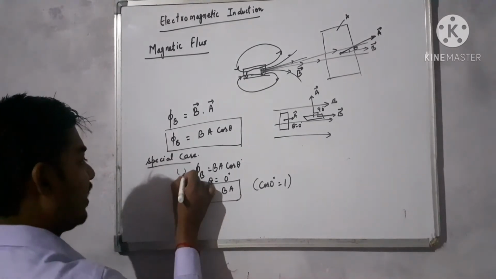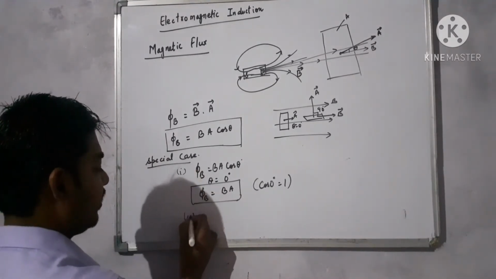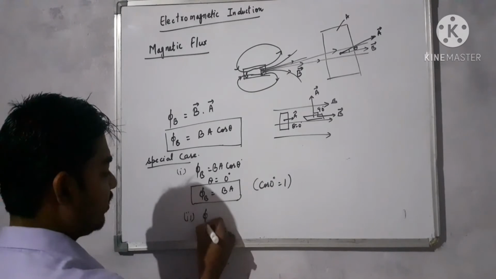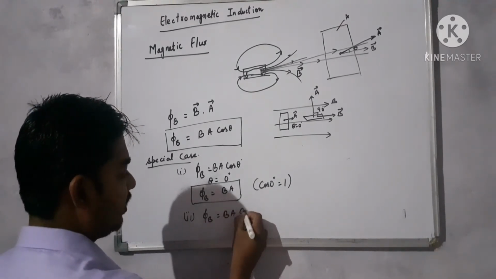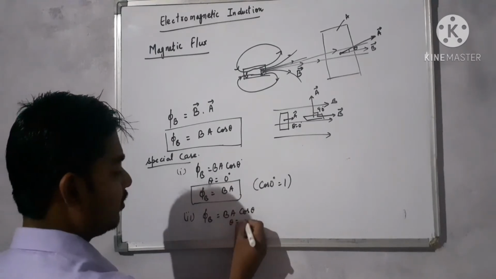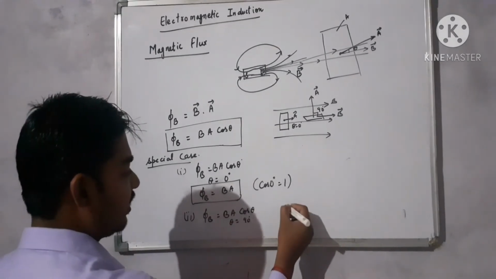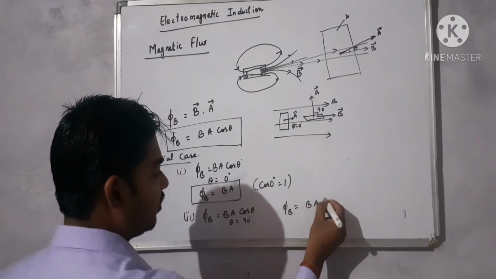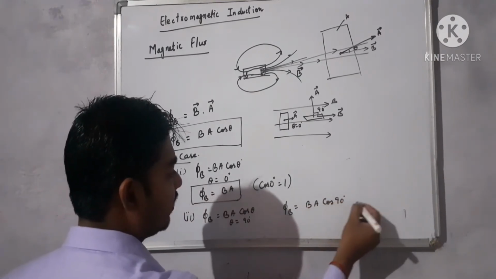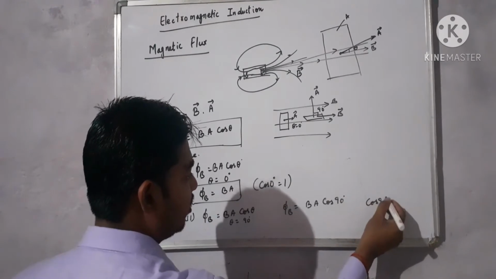The second condition: the magnetic flux phi B equals B A cos theta, when theta equals 90 degrees. In this case phi B will be B A cos 90, and cos 90 is always 0.